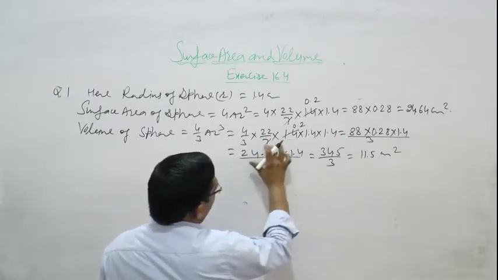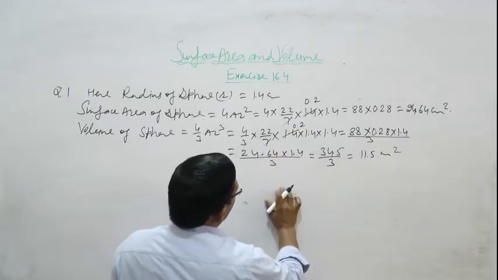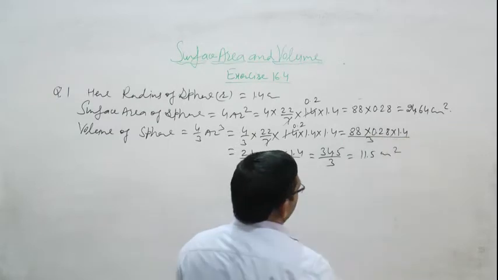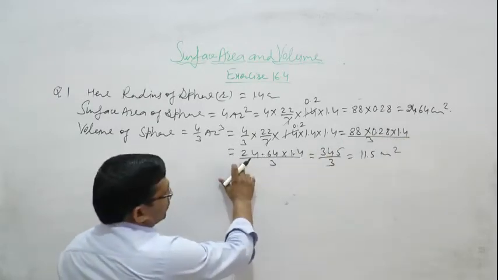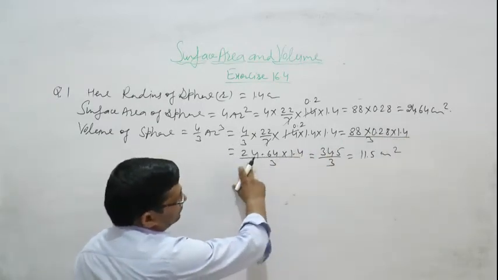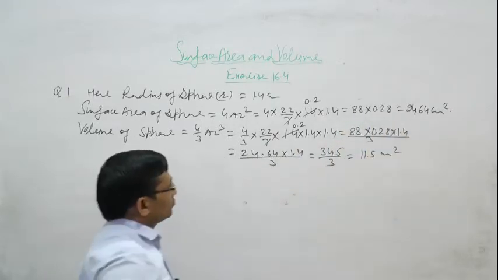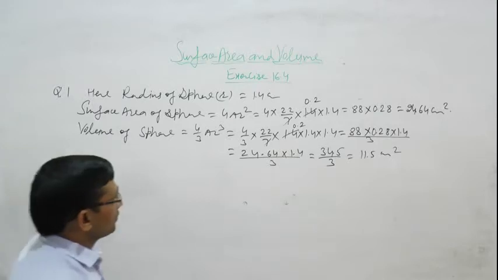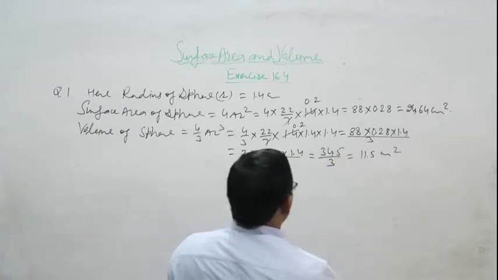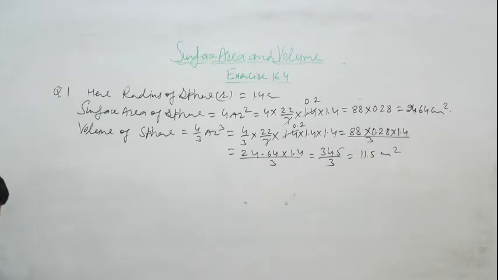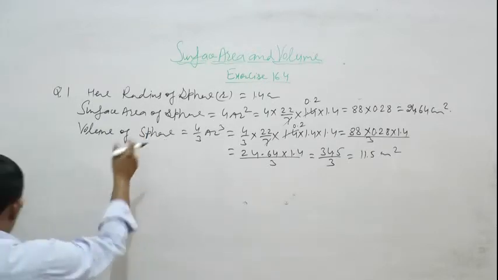Cutting 1.4 by 7, we get 0.2. So 88 multiplied by 0.2 gives 0.28, multiplied by 1.4, we get 34.5 divided by 3, which is equal to 11.5 centimeter cube.